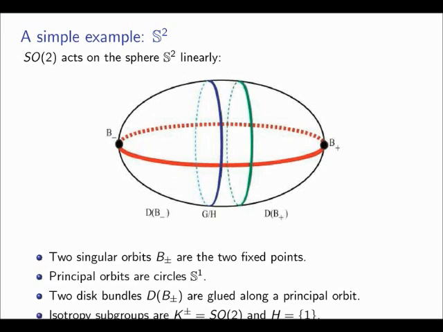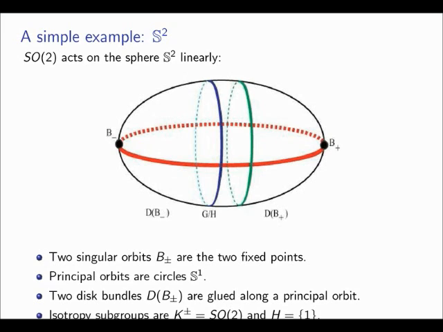We have what is called a singular orbit, because this one is different, there are fixed points, and the principal orbit. The principal orbit is just the one that has bigger dimension. So you see this one is just the circle here, the green one and the blue one.